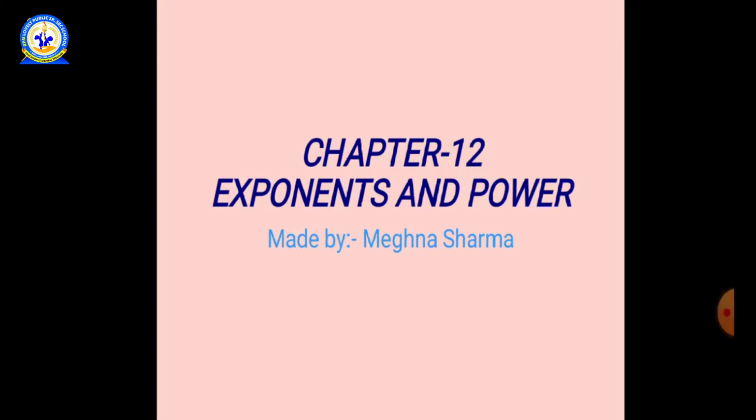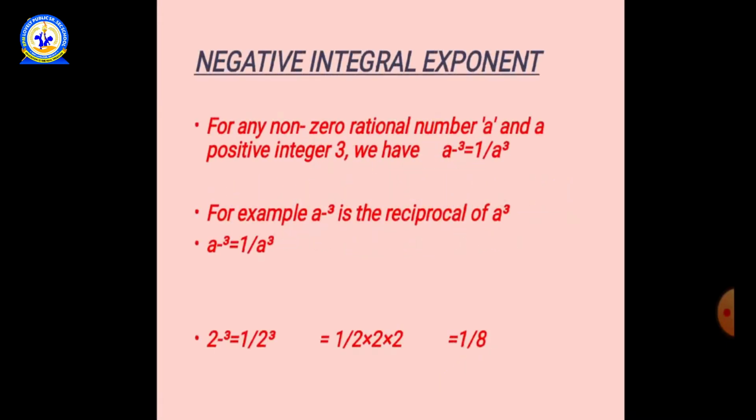So, today I'm going to take the topic of laws of exponent from chapter 12, Exponents and Powers. Today we will learn about integers as exponent, that is, negative integral exponent.